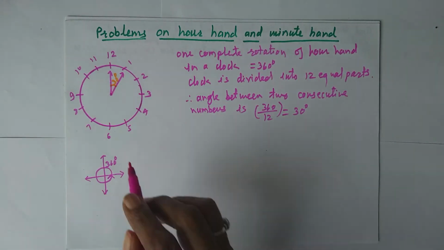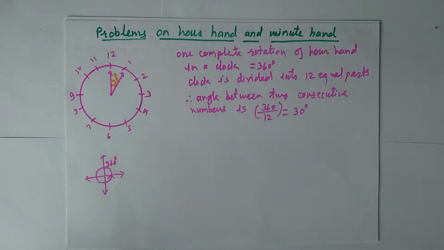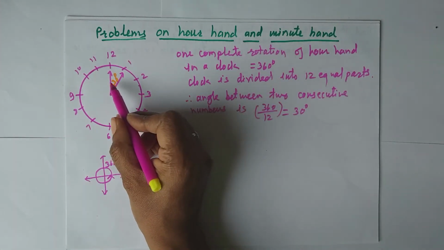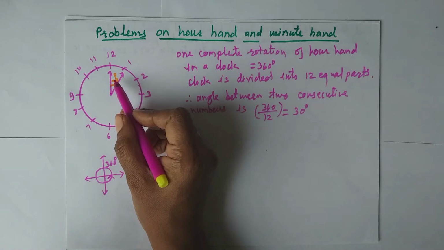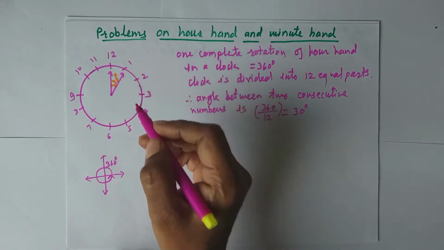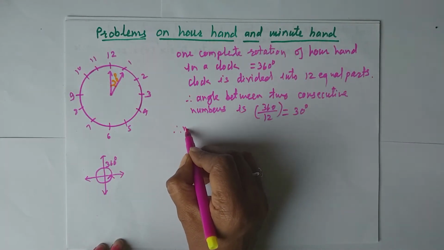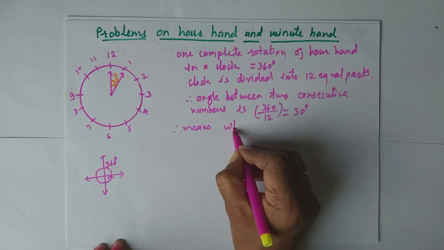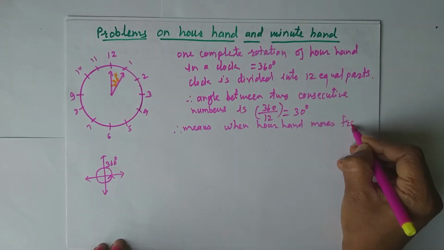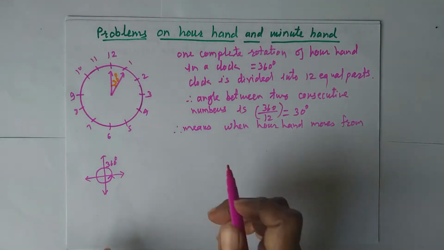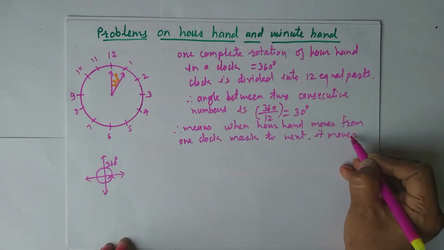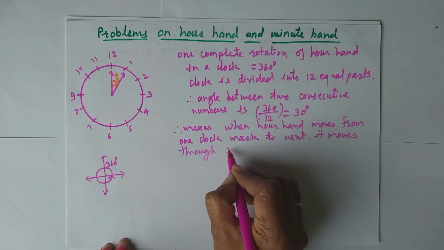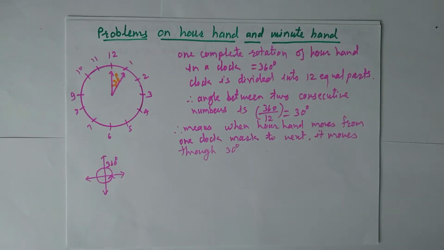In 1 hour, when our hand moves from one number to the other, an angle of 30 degrees forms. Means when the hour hand moves from one clock mark to the next, it moves through 30 degrees.